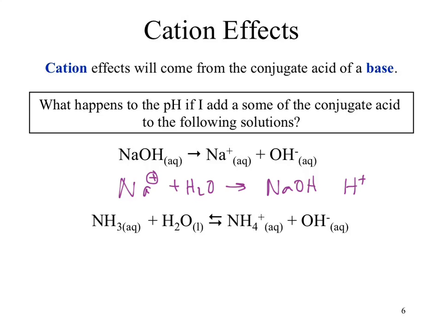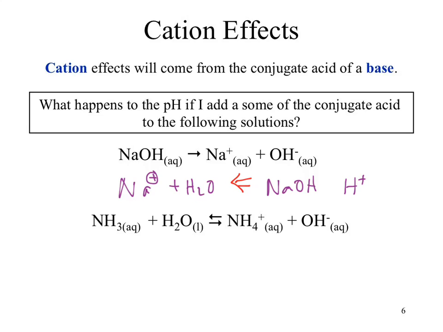What happens when we generate our strong base? Completely dissociates. What arrow should I show in between? That arrow should be aiming solely to the left. So adding sodium ion to water, we could predict what would happen to the pH. What happens to the concentration of H plus when we add sodium ion?